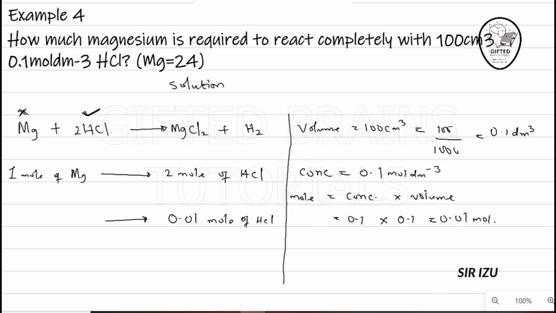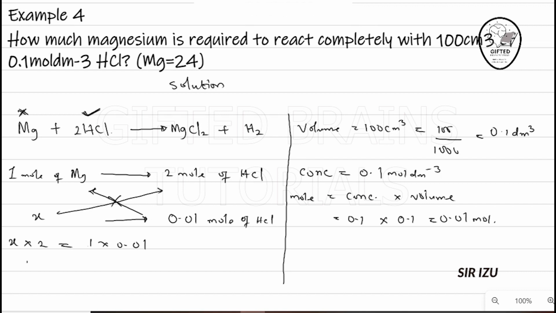So the question now becomes, how many moles of magnesium do we have or is required? We don't know that. We can call that X. You can easily cross multiply this reaction. If you cross multiply, this goes for this, and this goes for this, you can get the X you are looking for. That will give us X times 2 is equal to 1 multiplied by 0.01.